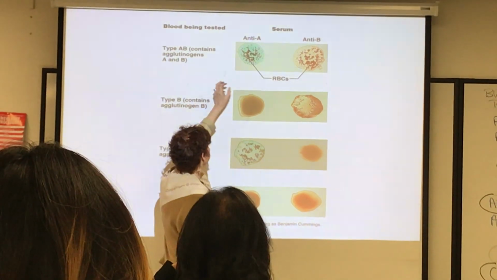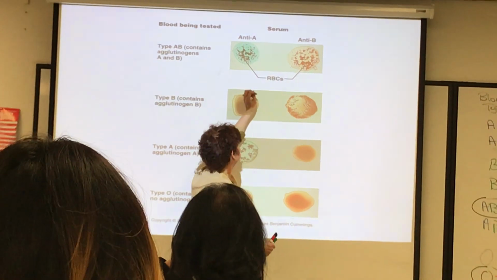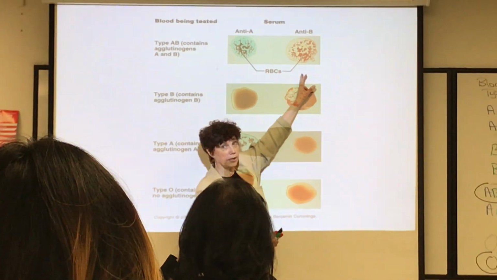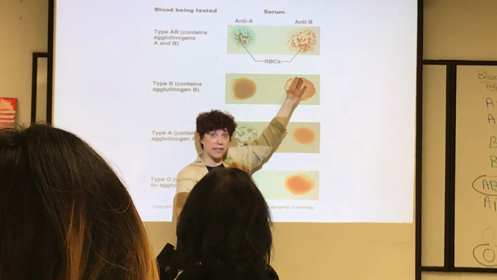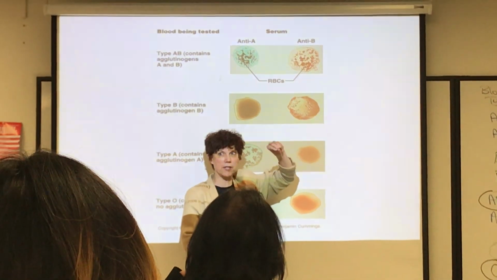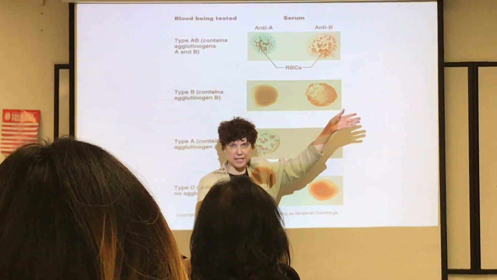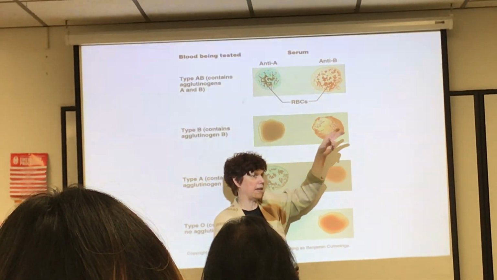So both of them are the same person's blood. Antibodies against the A antigen were added, and then a different solution with antibodies against the B antigen. We're not worried about the antibodies that are in the blood. We're using antibodies to find the antigens that are already there. We're totally ignoring the antibodies that are already in the blood. What we're trying to do is find out what antigens are in there.